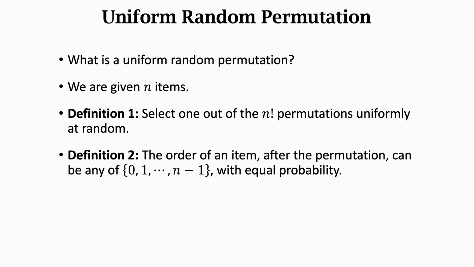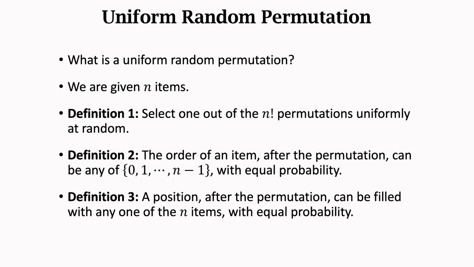An equivalent definition is that the order of an item after the permutation can be any between 0 and n-1 with equal probability. That is to say, each item can go to any of the n positions with equal probability. For example, item A can go to the 0th position, 1st position, and second position with equal probability.